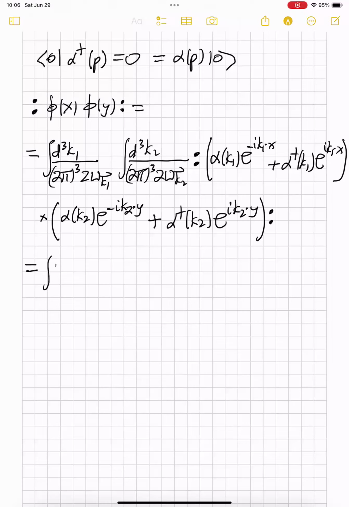Well, let's just write down the measures again. That's the first measure. Now let's put in the second one. There's the second measure.